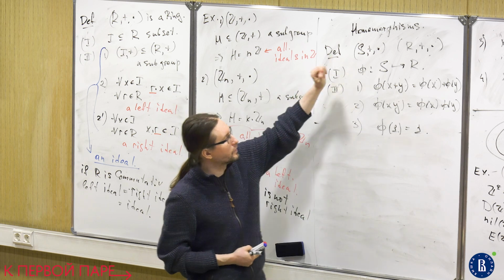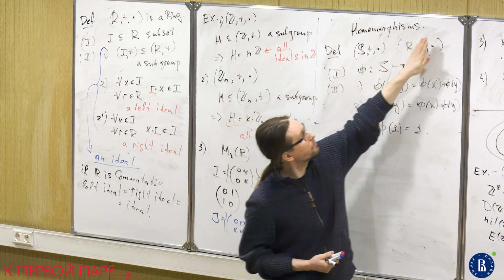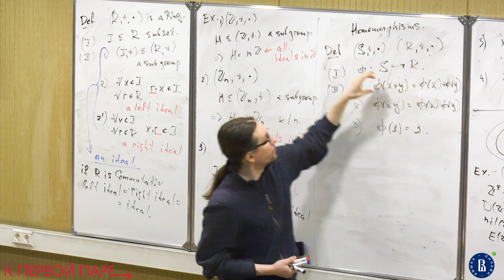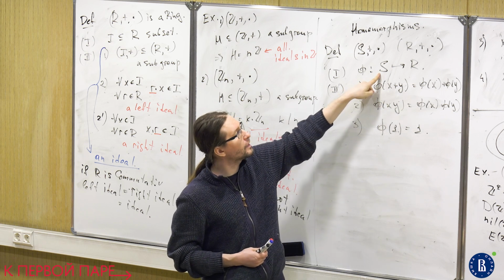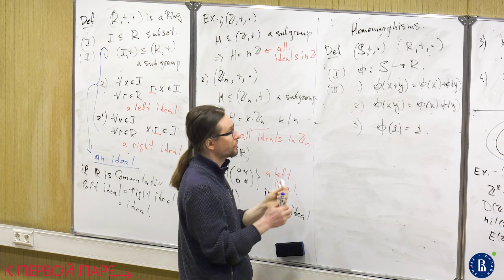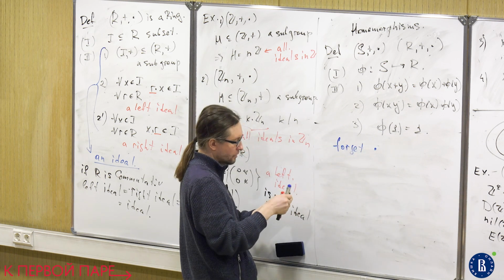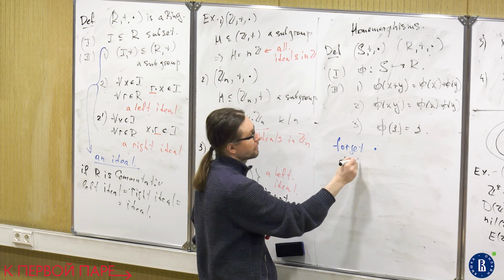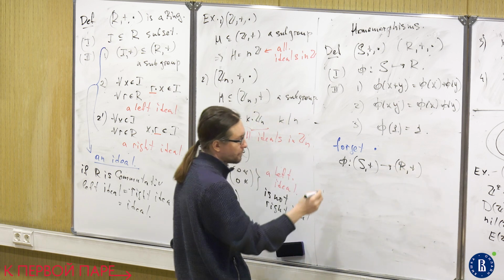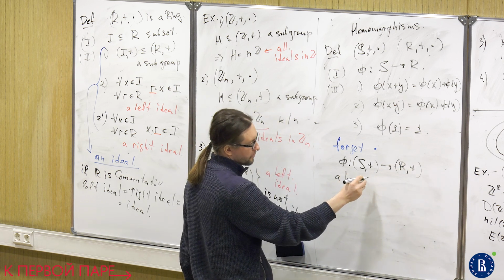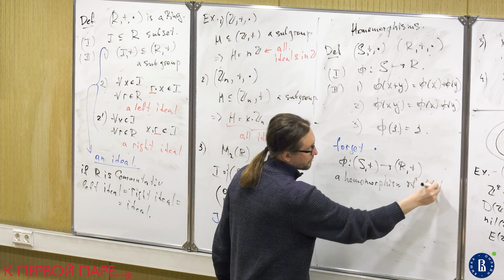Let me explain several details. When we're given two rings and we forget about multiplication, then the first property says that phi is a homomorphism from one abelian group to another abelian group.